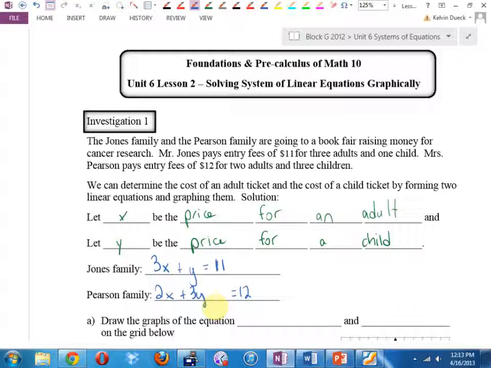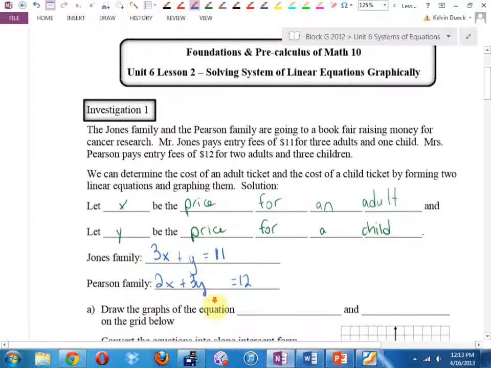My students would have read 1 child, y, and plus 3 adults, 3x, for $11, equals $11, and you can actually get the whole equation that way. Math and English are written backwards, and so I said, well, just read it phrase by phrase backwards. They got pretty good at it. Systems helps us get an equation, I think, much nicer.